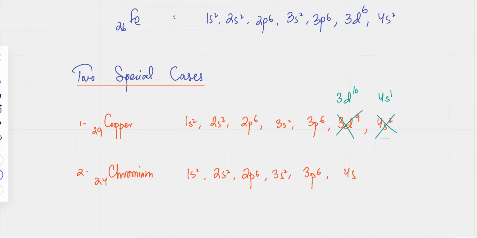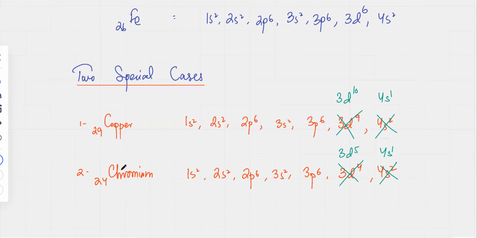Then there's going to be 4s2, because according to the table, the 4s fills first, and then you'll have 4 electrons left. That's 24. Even in this case, you have to make a little adjustment: it's not 3d4, it's actually 3d5, and this is not 4s2, it's actually 4s1.